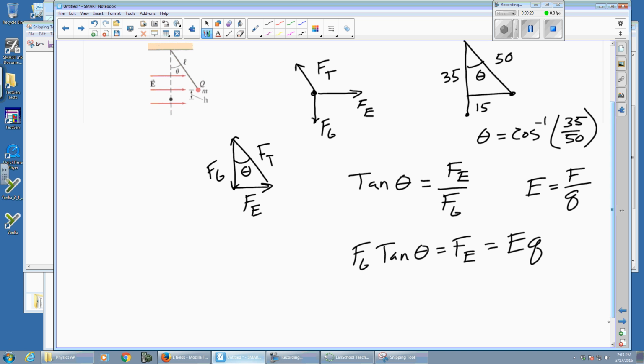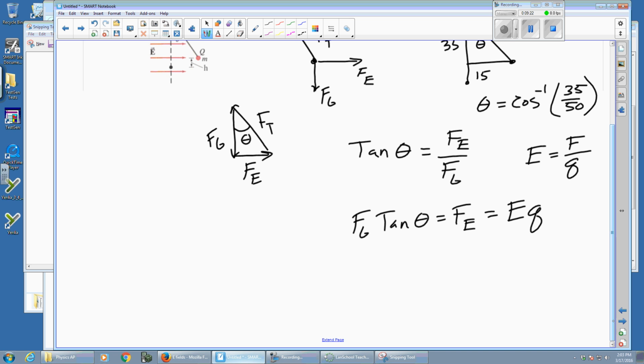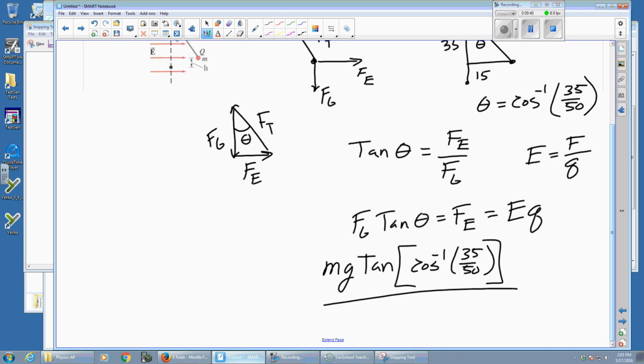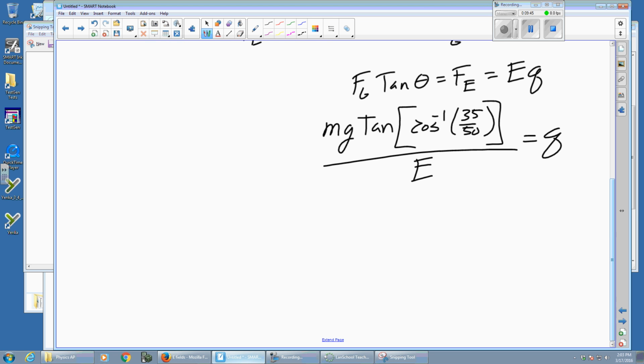So now I've got the mass, so I can do mg tan of this really ugly arc cosine of 35 over 50. You might evaluate that ahead of time if that scares you. All over the electric field strength E equals Q. Of course, you're going to be careful. Make sure you put your mass in kilograms and your electric field strength be that.